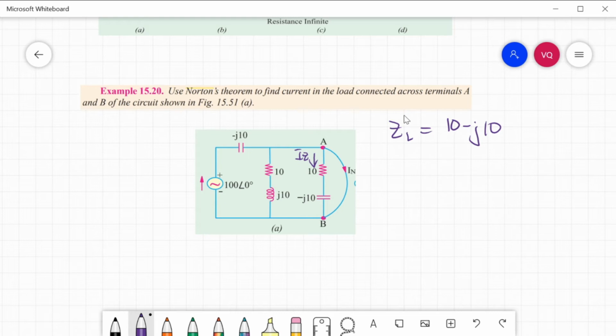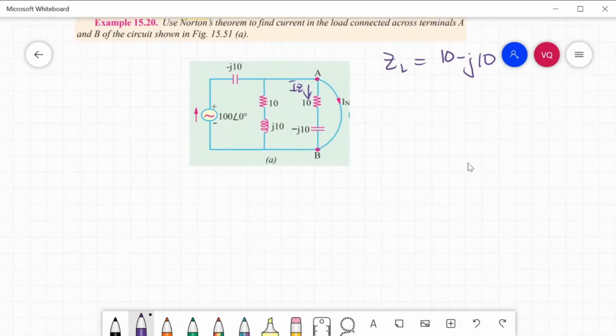First, we need to short circuit terminals A and B, then solve for IN or the Norton's current. So we will rewrite our circuit, short circuiting our ZL.